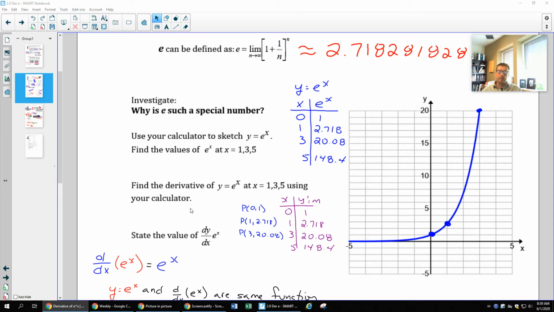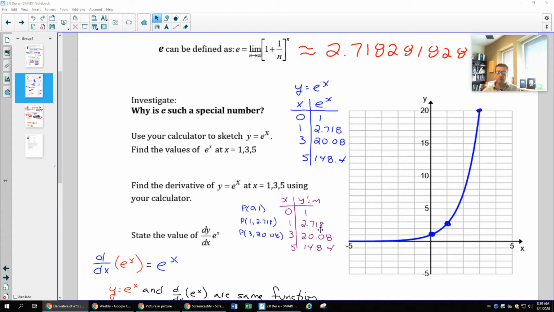So anyways, we've got the points. I've got 3 points here: 0, 1, and 3. If you go to your calculator and look at the dy/dx, and you put in x equals 0, it tells you the slope at 0 is 1. If you do the slope, dy/dx, when x is 1, the y prime is 2.718.